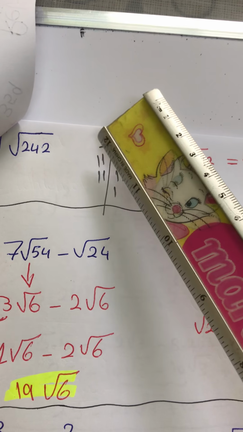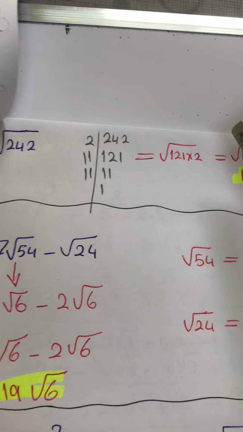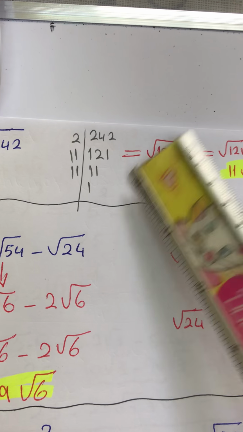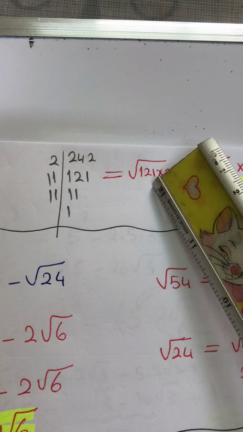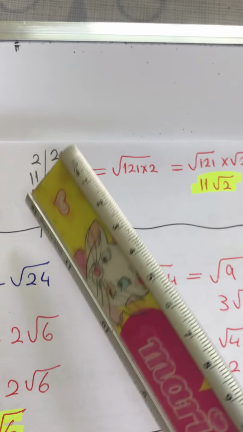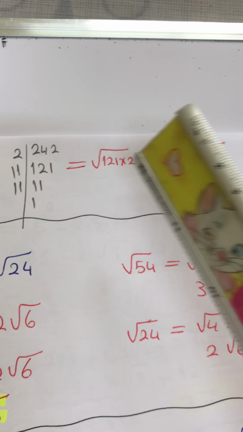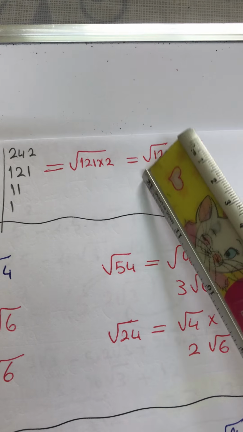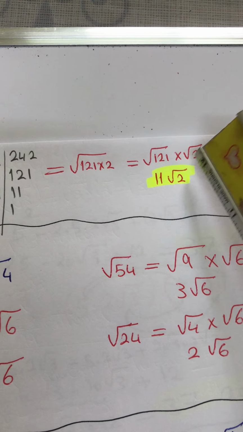So what are the factors of 242? I can write them under the square root. We can make it as 121 multiplied by 2. Okay, no need to complete here because I can split them into two square roots. Square root of 121 times the square root of 2.